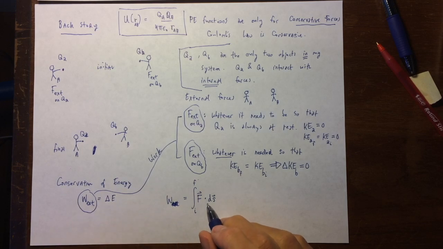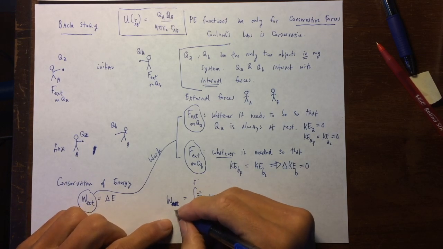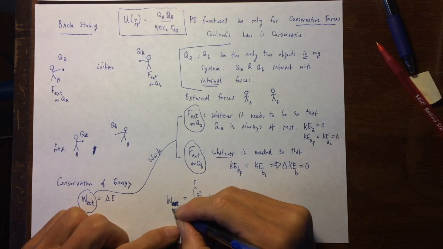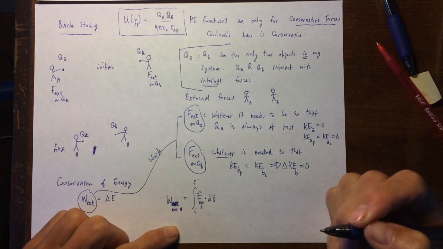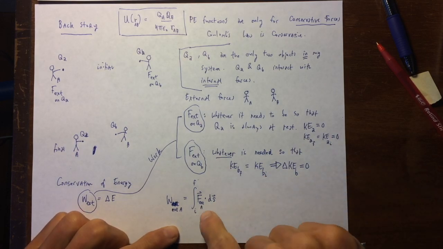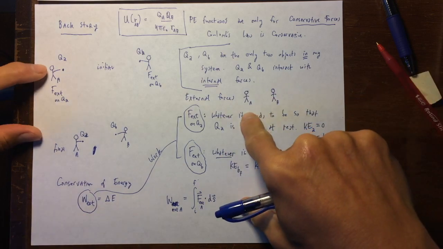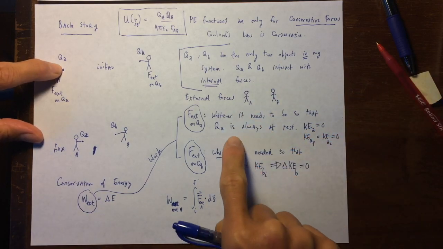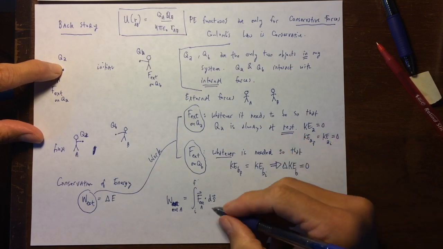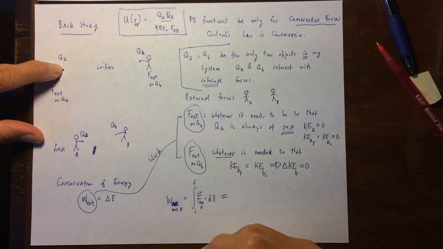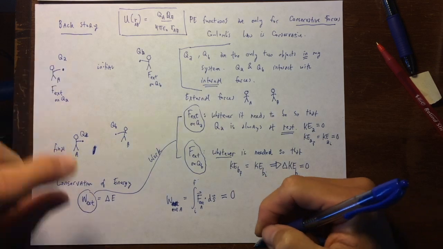The work done by external agent A is the force by external agent A as it applies this force on a charge that does not move. So the work done by external agent A is 0.